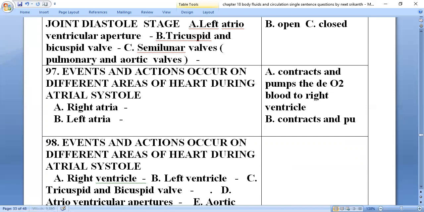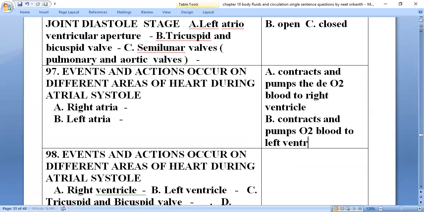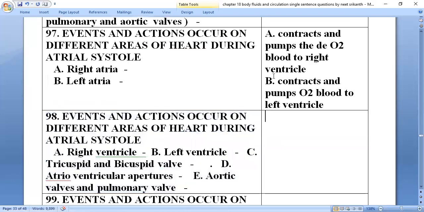Contracts and pumps oxygenated blood to the left ventricle. This is active filling. This is about 30%. Then the earlier one is passive filling. So it is to be noticed that not only during systole, also during diastole, there is a pumping of blood.